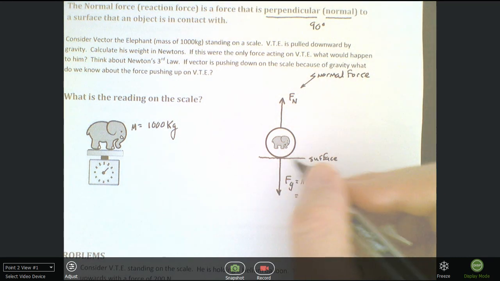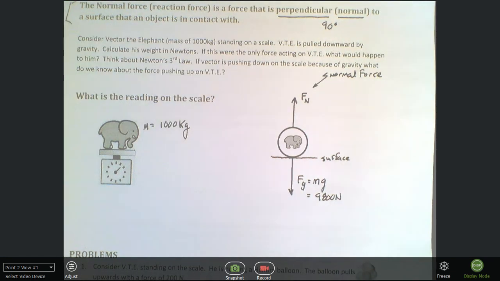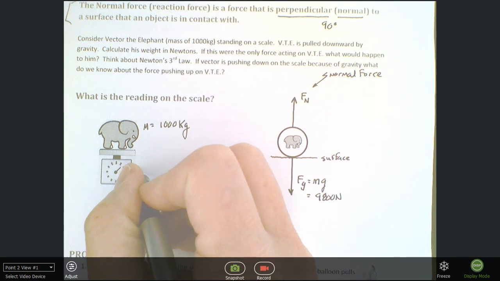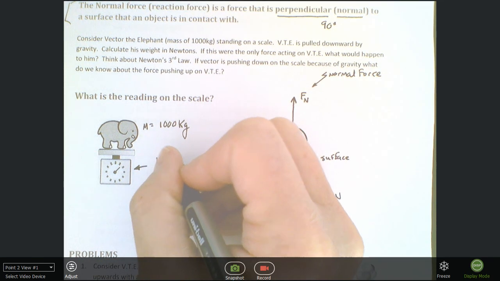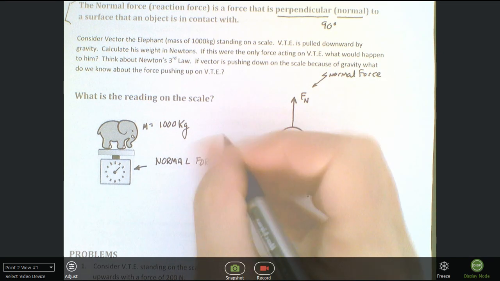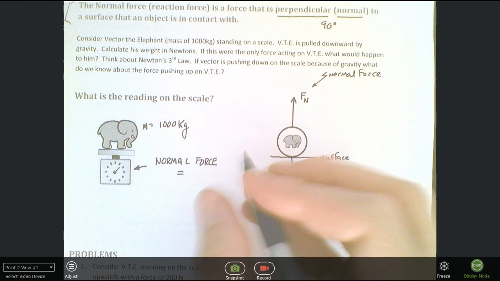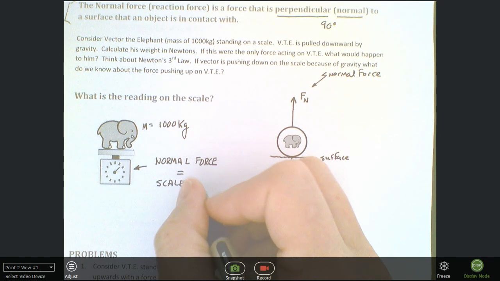It's 90 degrees to the surface in contact. Now, what you would notice here, and this is a big concept to understand, is that the normal force is equal to the scale reading.